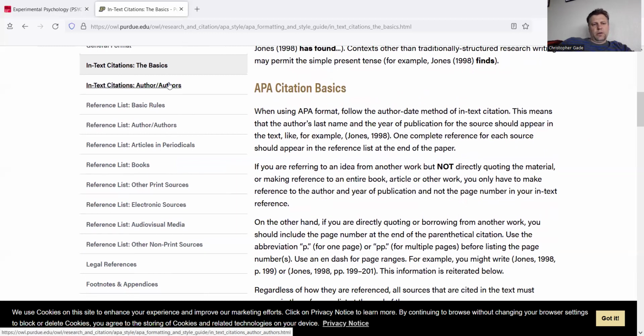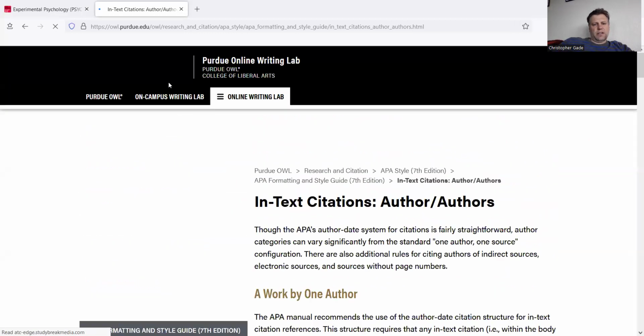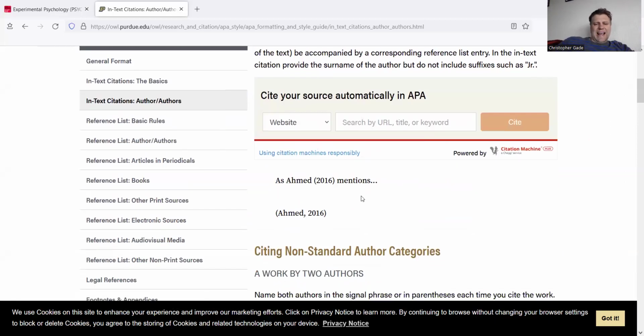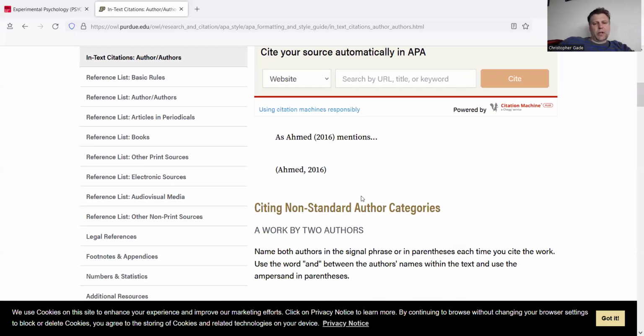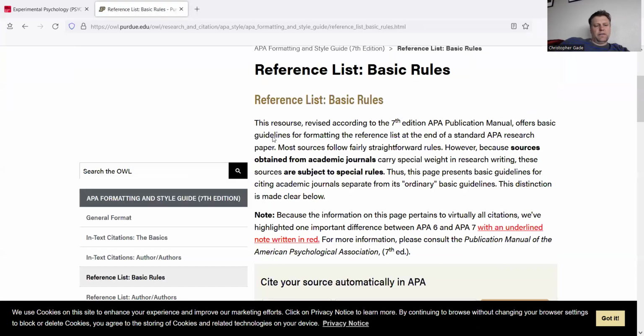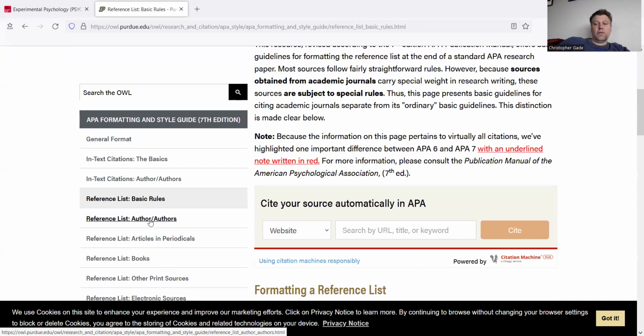And then you're going to look at the next one, which is the author and authors, where you learn how to cite something correctly when you're going through something. So in terms of when you cite, how you cite, this link with the basic rules is really critical in terms of the specifics of what you're going to put in your paper when you are citing somebody.